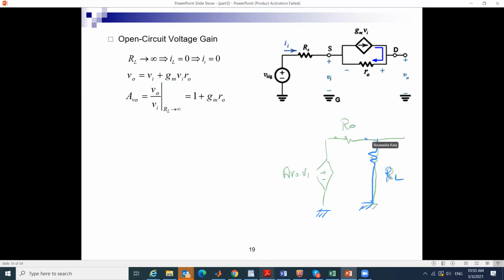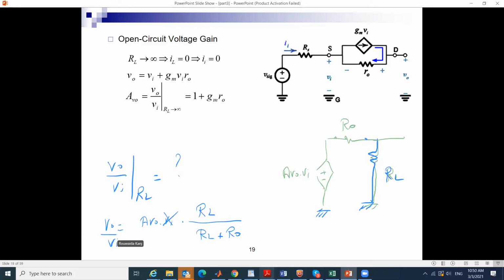what is the VO over VN in the presence of RL? What is it equal to? How do I find it? VO is equal to what? AVO times VN times what? RL over RL plus RO, right? So VO over VN will be AVO times RL over RL plus RO.